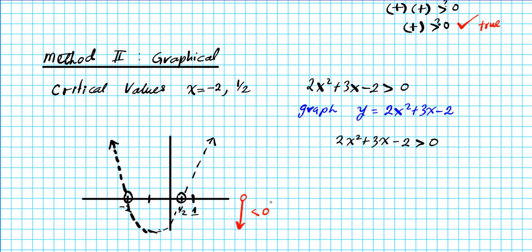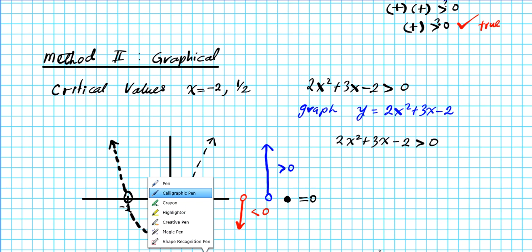If you are above the x-axis, you're greater than 0. And if you're on the x-axis, you have x equals 0. Okay, you're equal to 0. So what are we looking for here? Greater than 0, we're looking for the parts of the function that are above the x-axis.